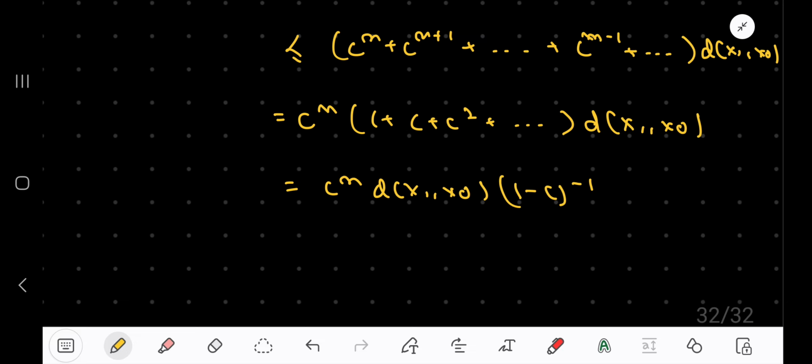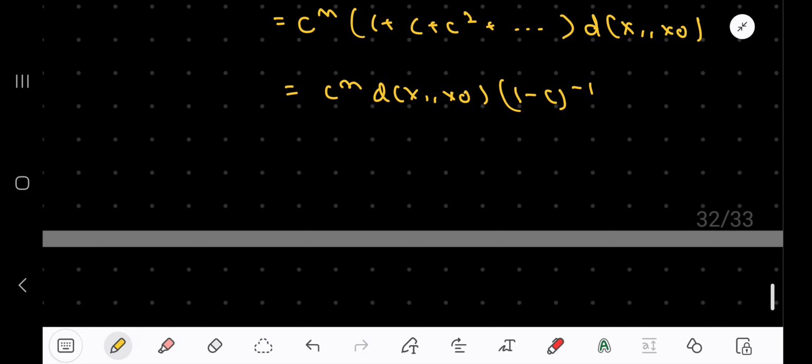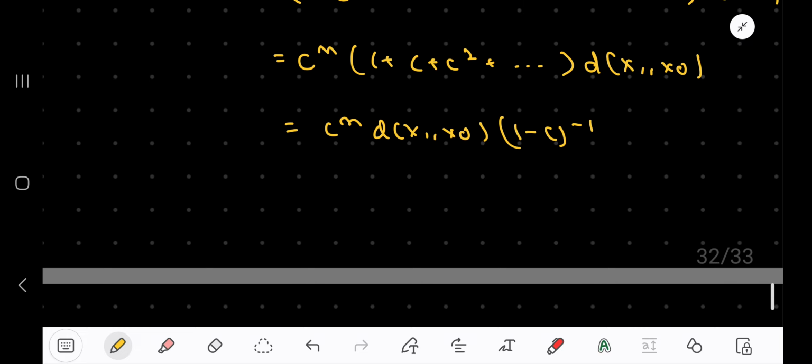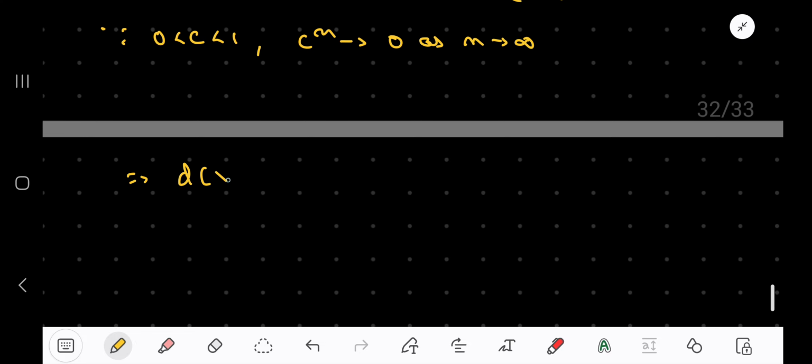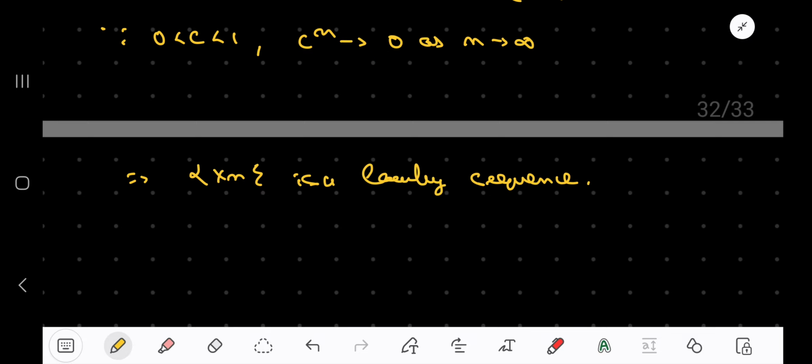Since c is greater than 0 and less than 1, c to the power n goes to 0 as n tends to infinity, which implies that d of x_n, x_m goes to 0 as both go to infinity, which implies that x_n is a Cauchy sequence.